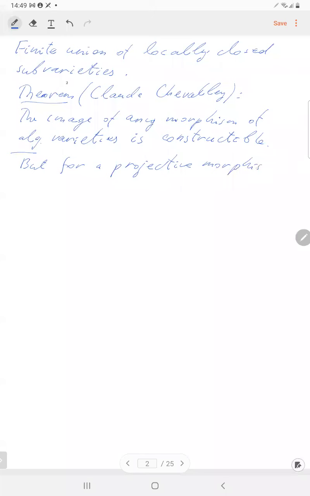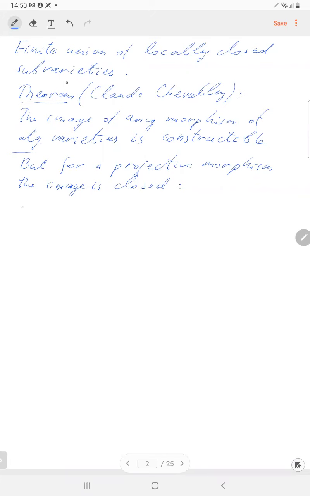Excuse me, what is a projective morphism? I will say it momentarily. For a projective morphism, the image is closed. Now, what is a projective morphism?